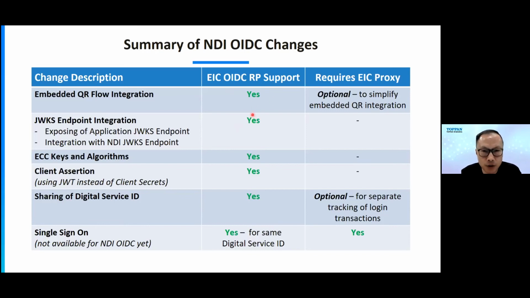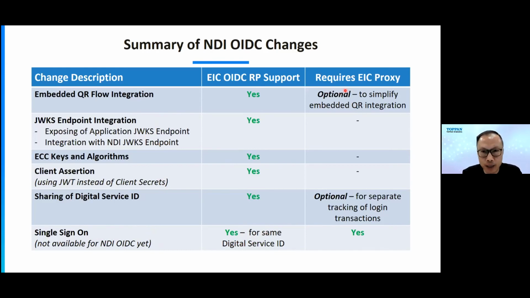So to summarize what we have covered so far, these are the changes from the NDI OIDC aspects, and how our product helps you address these changes in the specs. So basically, as I said before, our EIC OIDC RP supports all the changes in the NDI data specs, as well as having single sign-on, if you are using the same digital service ID, we can have out of the box SSO, even when NDI OIDC single sign-on is not available yet.